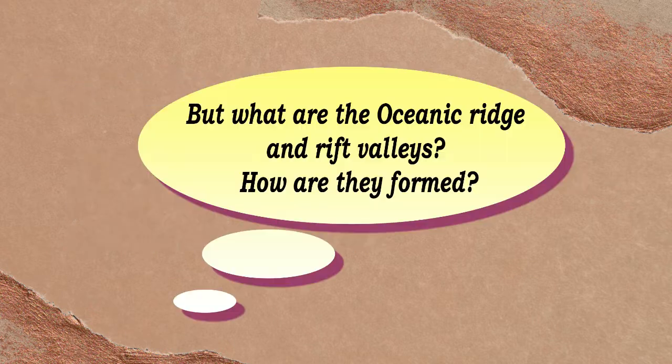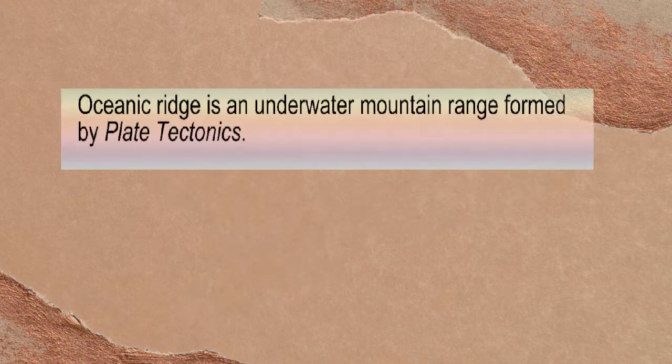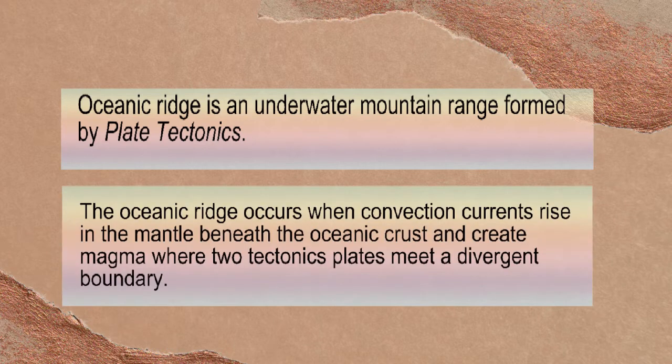How are they formed? An oceanic ridge is an underwater mountain range formed by plate tectonics. The oceanic ridge occurs when convection currents rise in the mantle beneath the oceanic crust and create magma where two tectonic plates meet at a divergent boundary.